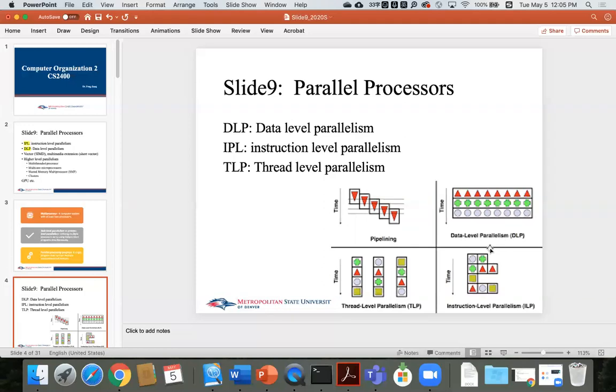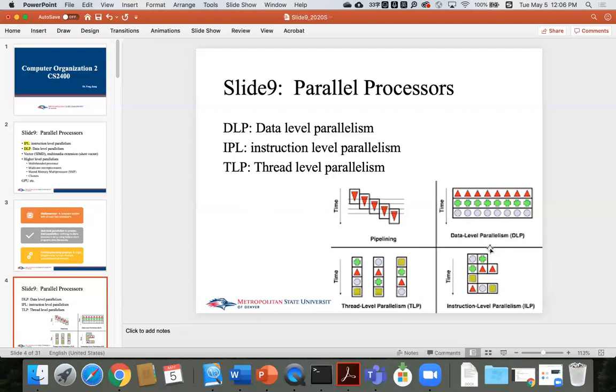Thread level parallelism, compared with data level and instruction level parallelism, is a higher level parallelism, right? It's not directly related to the detailed hardware structure. Of course the hardware structure is really important here, but it's more about how to divide the different tasks.